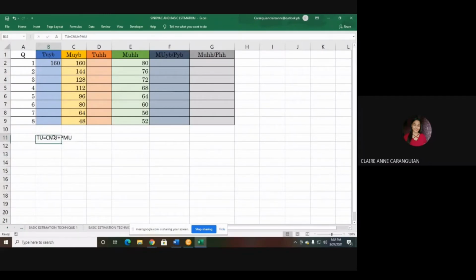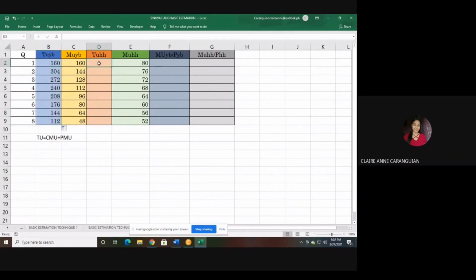That is our formula for total utility. Applying it to quantity 2, the current is 144 plus 160 for the previous marginal utility, which is equal to 304. Same process, so we just double click.